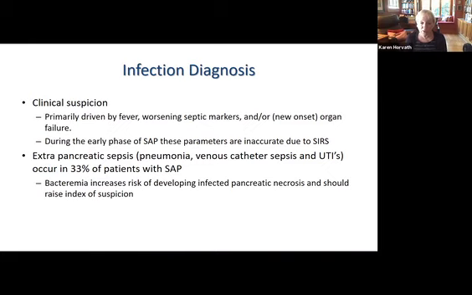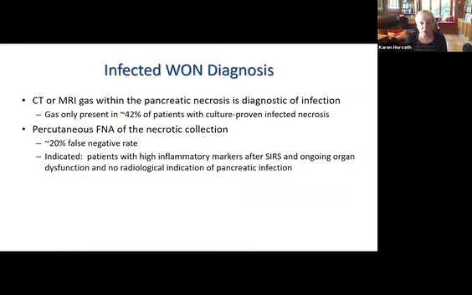And so a generalized fever workup should always be done first. Once a patient does develop bacteremia, it does increase the risk of your patient developing infected pancreatic necrosis in the future, and should raise that index of suspicion in your mind moving forward.